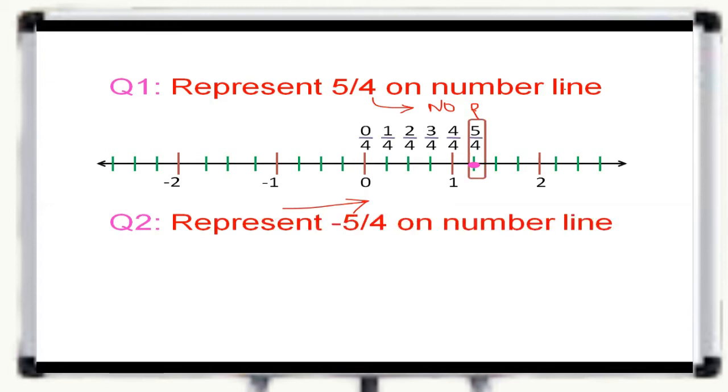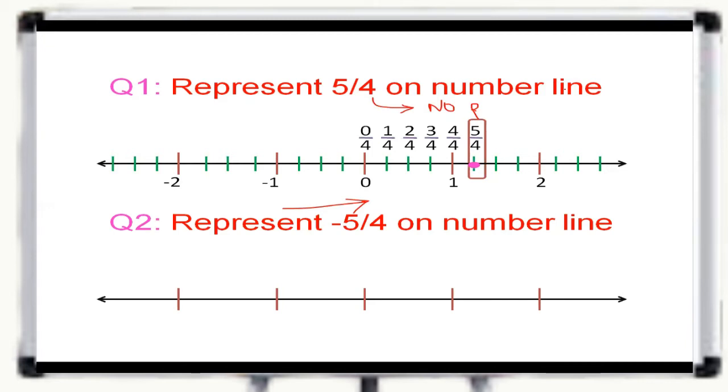Represent -5 by 4. That means this is a negative rational number, minus 5 by 4, on the number line. First take a number line, that means take a straight line, then divide this straight line into equal parts, then take integers.